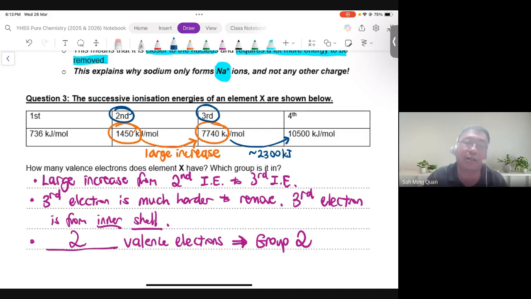It's much, much harder to remove the third electron. Why would that be the case? That's only the case if the third electron came from inside the inner shell. The first two electrons are still in the outer shell. So essentially, this is something that we have to practice together. I'm not saying that this will definitely come out, but it's a useful concept to have.